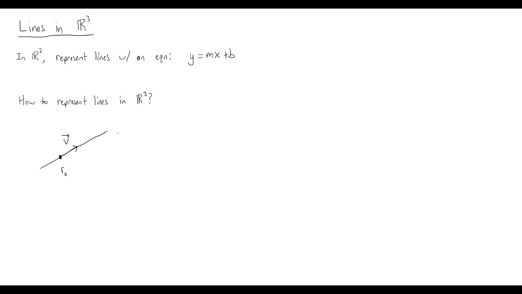So with these 2 pieces of information, I'm going to define a function. Okay. And so it's a function of the variable t. And I'm going to define this function as r0 plus t times v. Okay. So this function, we typically call this a parameterization of a line.